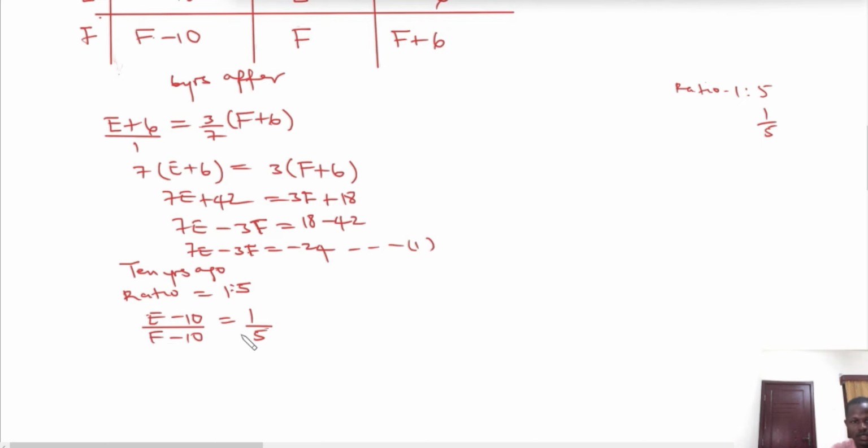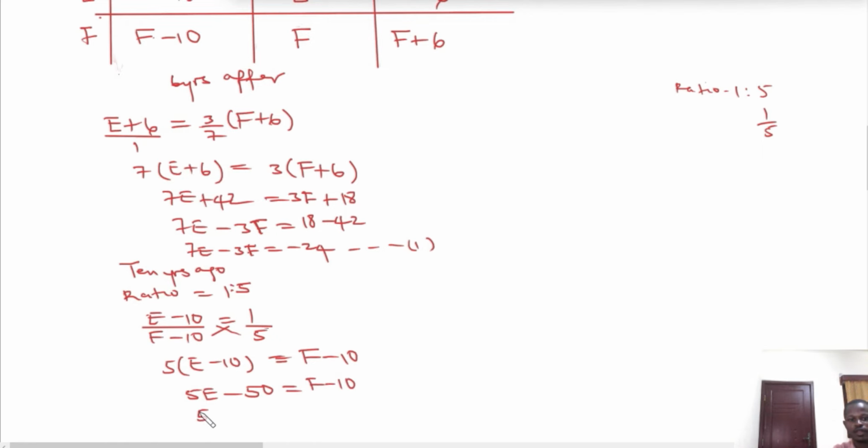So let's cross multiply this by this, and this by this. So 5 multiplied by all of this, 5 times E minus 10, is equal to 1 times all of this, which is the same as F minus 10. So we have here 5E minus 5 times 10, 50, is equal to F minus 10.